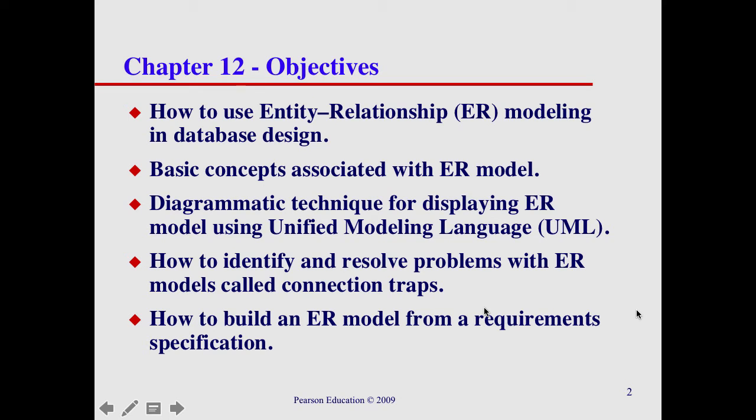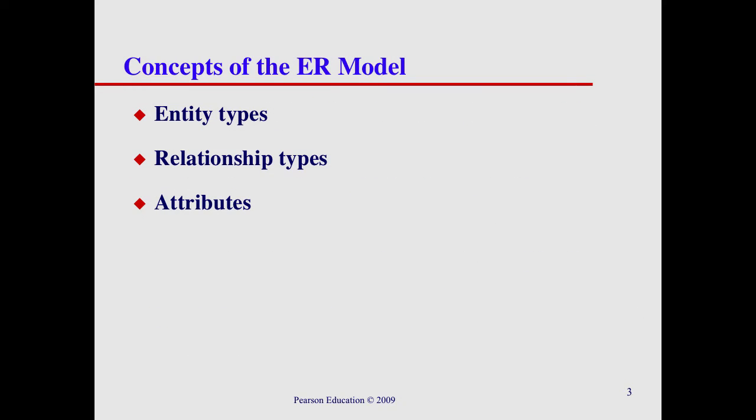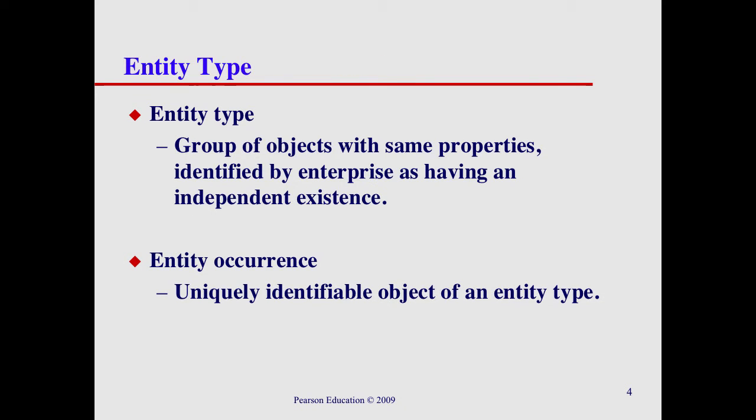Okay, so as I was saying, relationship types, basically, whenever you see a foreign key in a relation, it means that that relation has some type of relationship with the relation that the foreign key points to. And then obviously attributes are just about defining the attributes for each of the types.